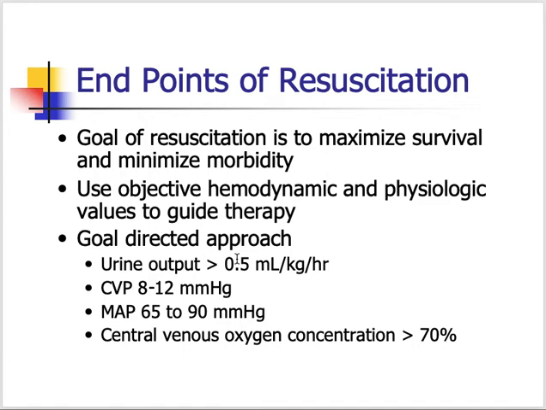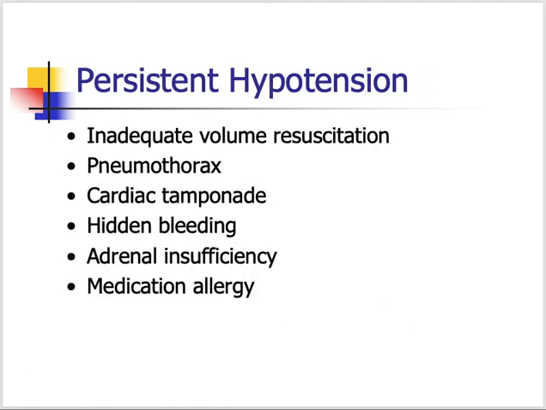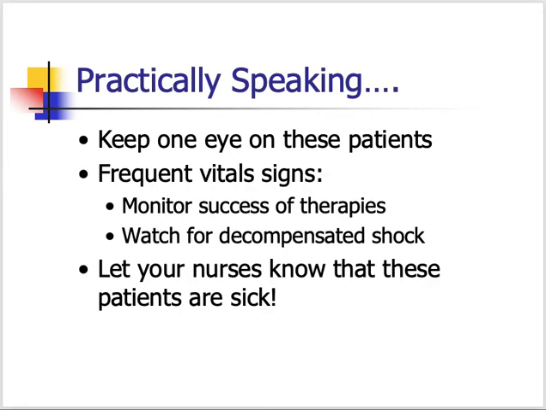So the goal-directed approach is to maintain urine output more than 0.5 milliliter per kg per hour, central venous pressure 8 to 12 millimeters of mercury, mean arterial pressure in this range, and central venous oxygen saturation more than 70. If someone has persistent hypotension, check for pneumothorax, cardiac tamponade, hidden bleeding, adrenal insufficiency, or drug allergy.